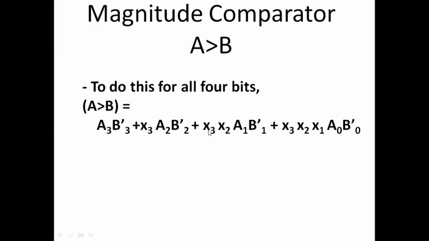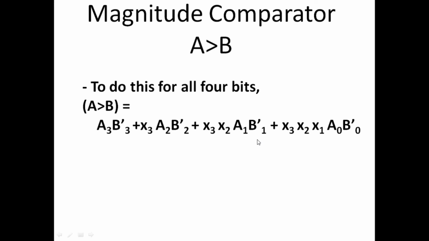or the bits at position 3 and position 2 are equal. That means the bit pair at significant position 3 are the same, the bits in the pair at significant position 2 are the same, and A1 is 1 and B1 is 0.